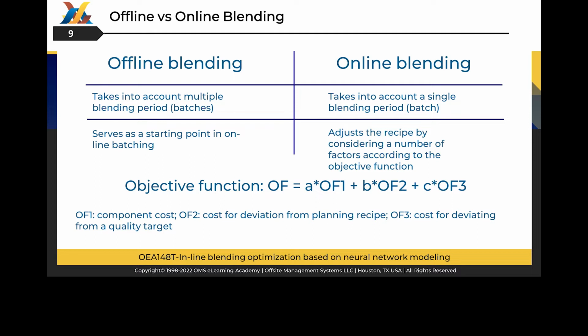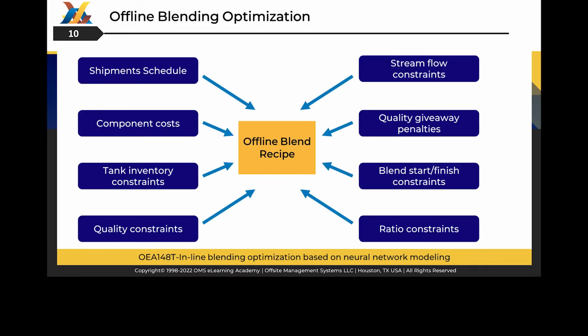So, in this sense, two recipes complement each other. The update of the offline recipe to obtain the online one happens concerning the cost function. The cost function penalizes the distance of the online recipe from the offline one, the costs of the components, and the deviation from the blend quality targets.